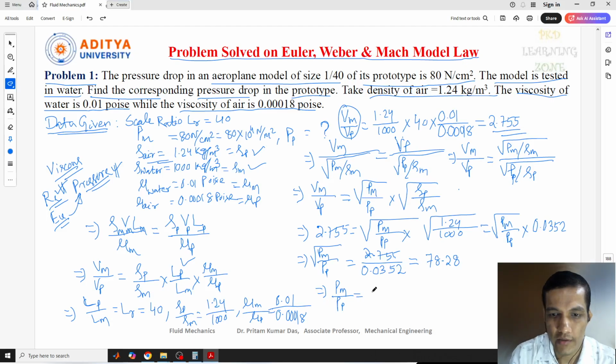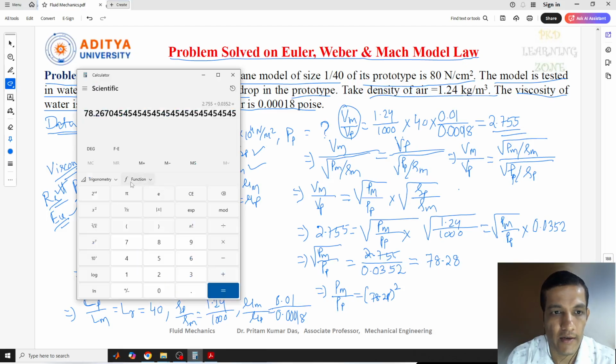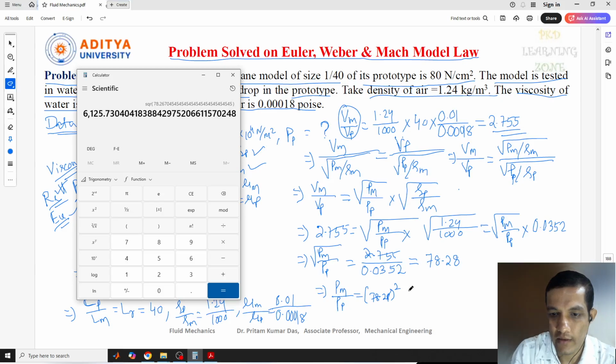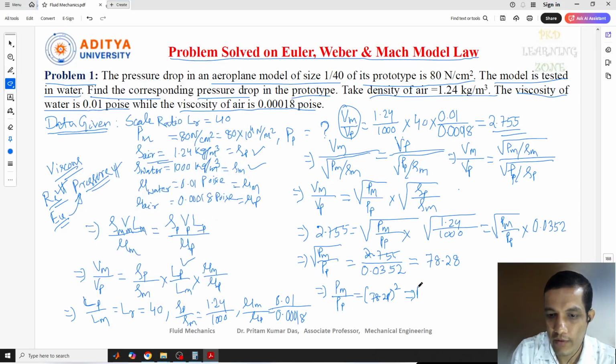So that means this is the whole square of 78.28. Let's make it square. So we'll get something like 6125. Okay, 6125. Keep it there.